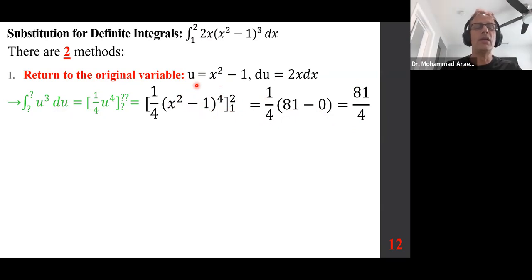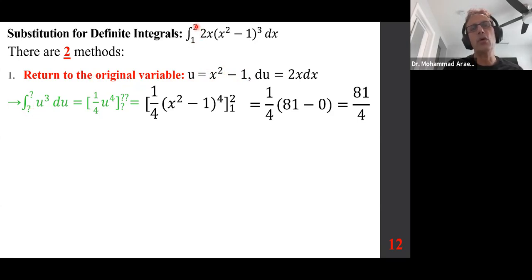However, in many cases, it's easier to actually use the new variable and therefore new limits. The limits almost always change as follows. All you have to do, look at u and plug in the lower limit. If I plug in 1, I get 0. That means the old lower limit 1 results in new lower limit 0.